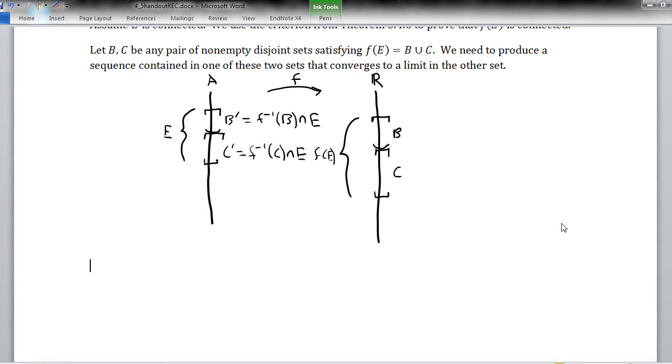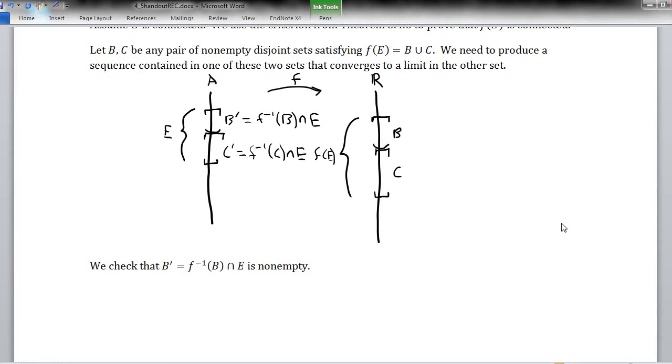So first, we check that B prime, which is f inverse of B intersection with E, is non-empty.